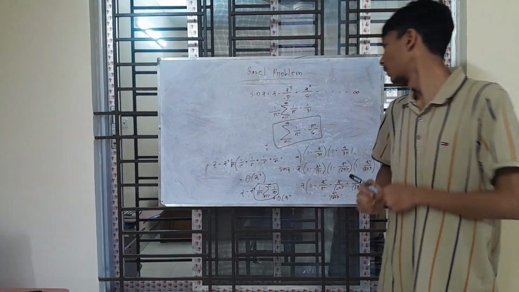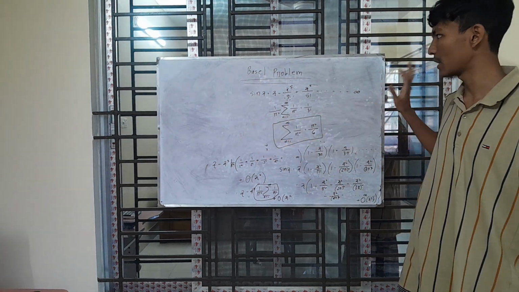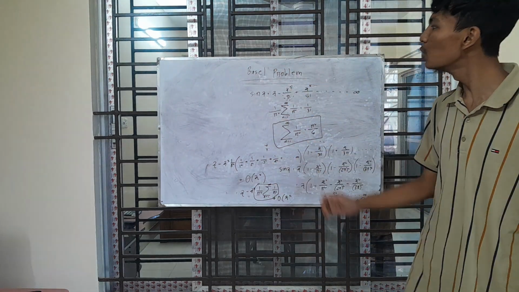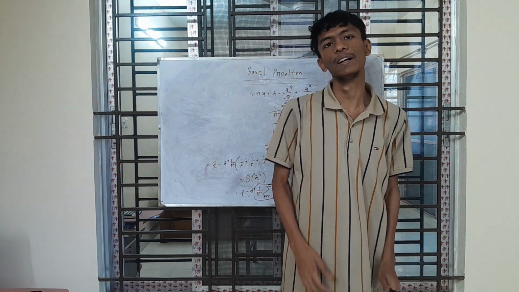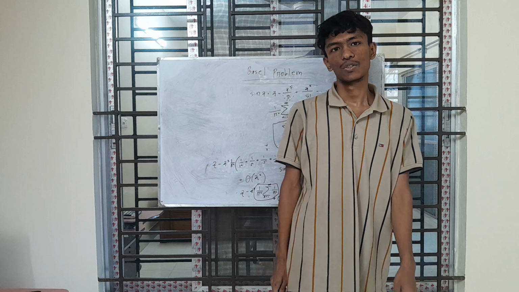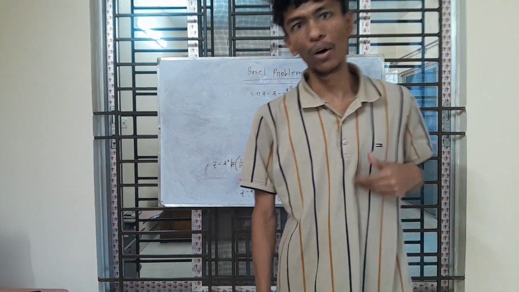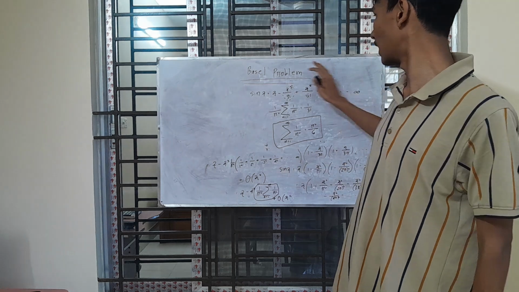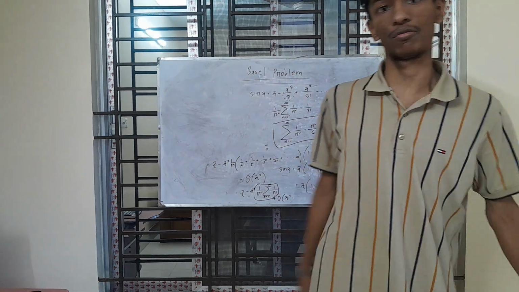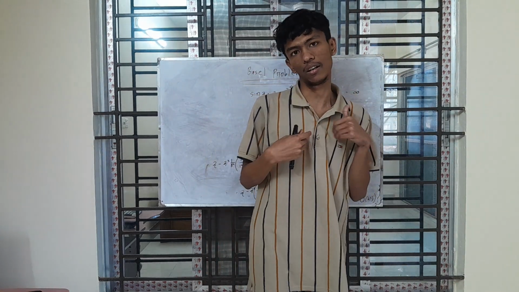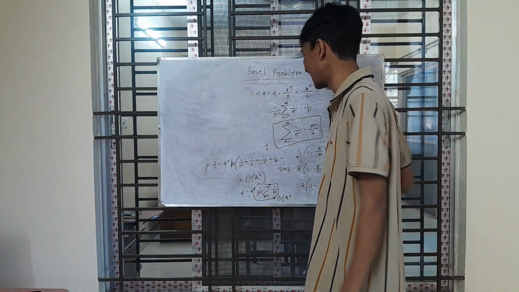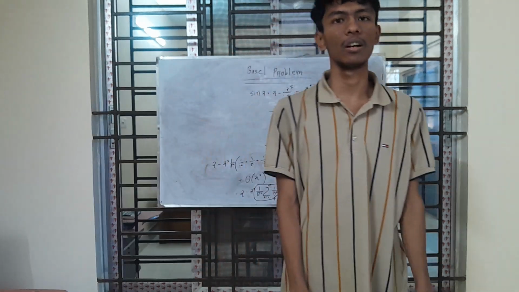So that was a very interesting journey to this proof. I hope you like this approach of Euler, and personally this was a very interesting journey with this proof, and I love this proof very much.